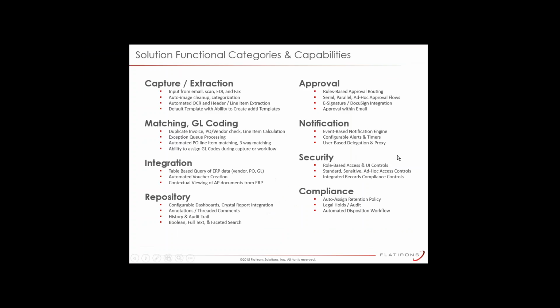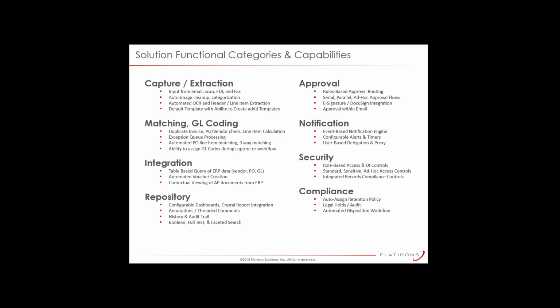So in summary, there's a number of different features and functions that we highlighted, but these are the general categories of features. There's a rich capability around being able to image or capture an AP document and extract the data without doing manual indexing. There's a whole process that one needs to go through to either PO match or GL code.